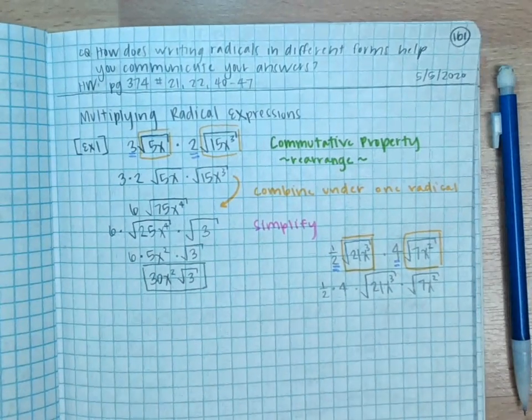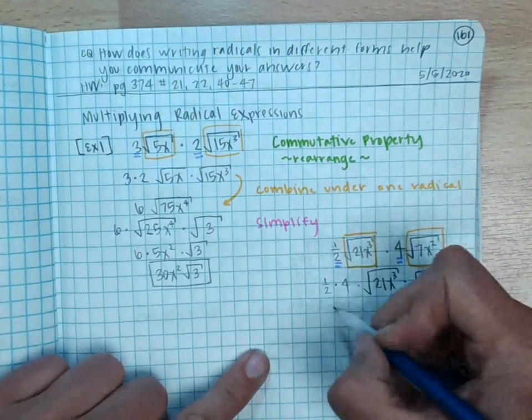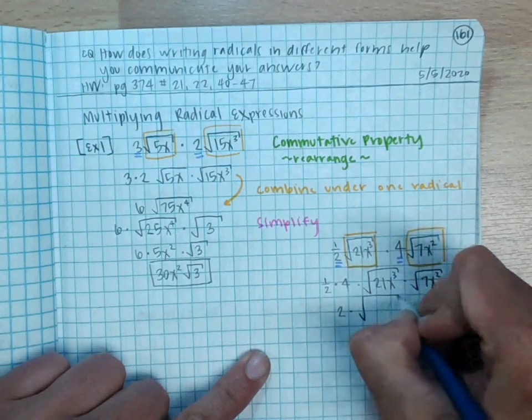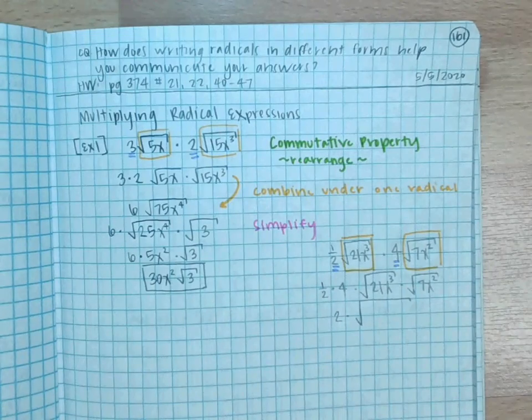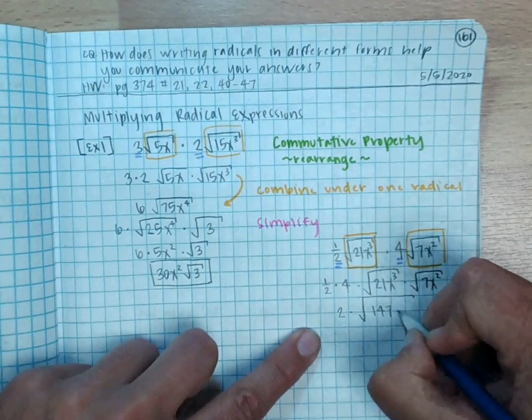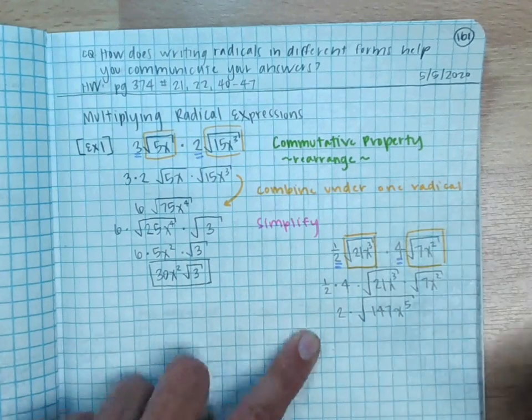And then I'm going to combine those. So 1/2 times 4 is 2. And this becomes the square root of 147x to the 5th.